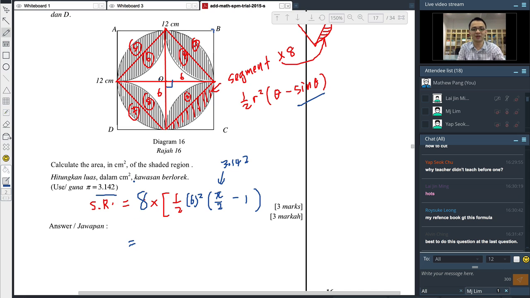So I will do 3.142 minus 1 first, then half multiplied by 36 is 18, and then multiplied by 18, and then multiplied by 8. Something is wrong. Half r squared, 3.142 minus 1, multiplied by 18, multiplied by 8.